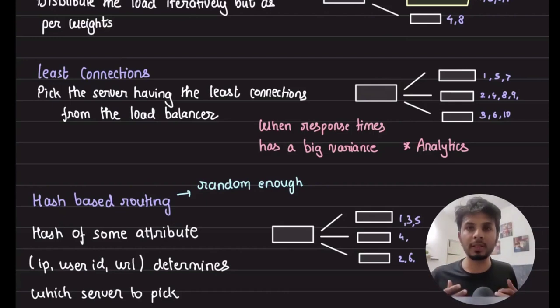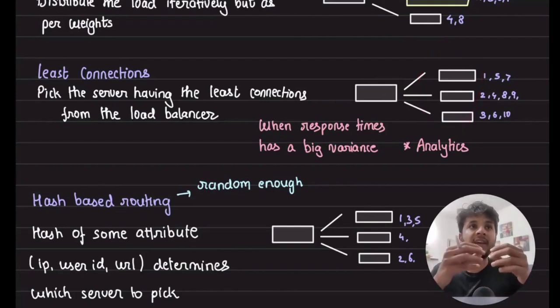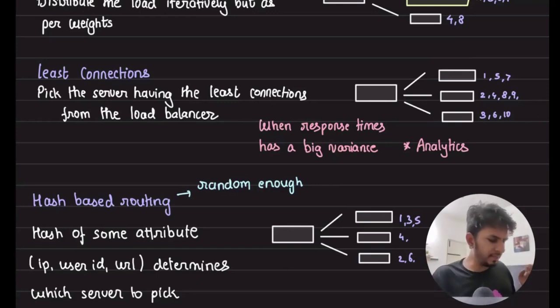Now, where would you use it? The least connection based approach is a very good use case when the service you have written has a very high variance in response time. For example, some HTTP requests might take 1 second, some requests might take 5 minutes, very high variance, right?